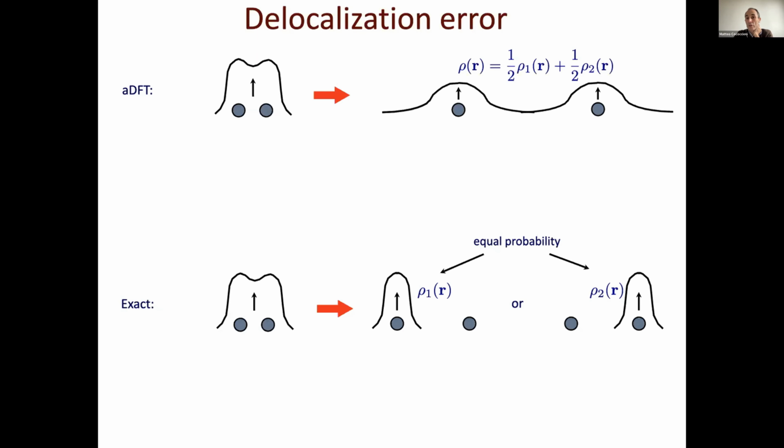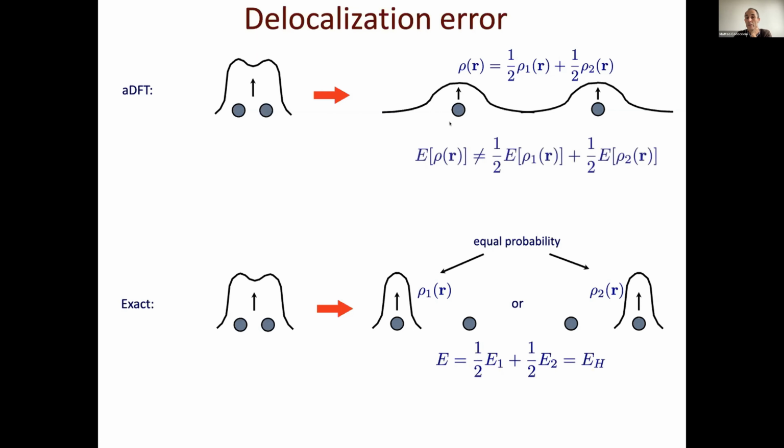And this is not actually wrong from the point of view of DFT, because it conveys the idea that these two solutions have equal probability. So if you overlap the two densities, you actually end up with something like this, okay? The problem is that the energy is not right. In the exact case, the energy has to be a linear combination of the two, or equal to the energy of isolated ions, and you don't get anything like that in here.